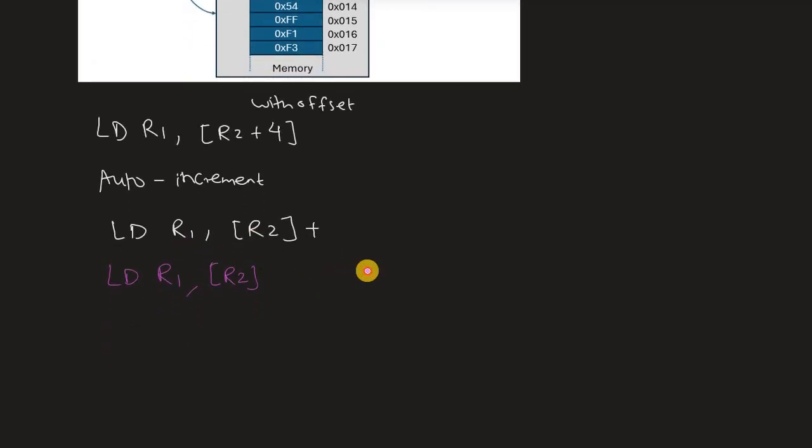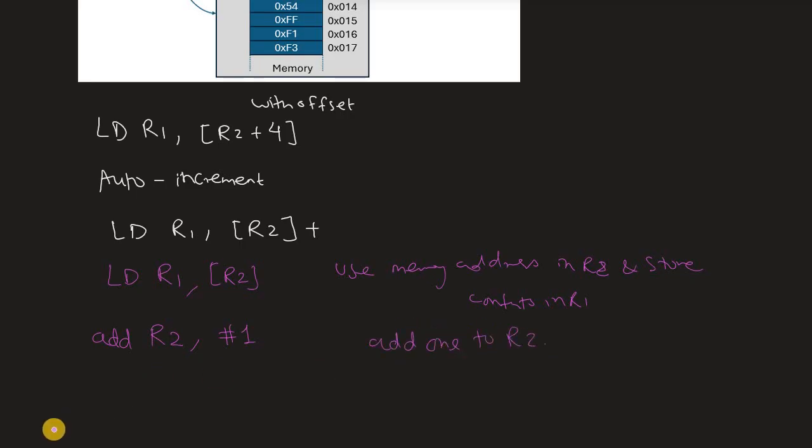What this basically means is use the memory address in R2 and store contents in R1, and then whatever you get, you're going to add 1 to it. Next you're adding 1 to R2. So this is what you're basically doing.